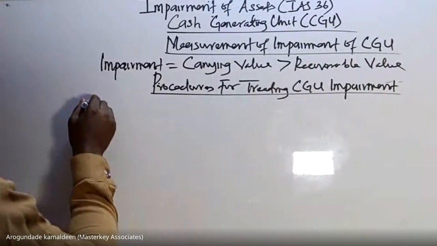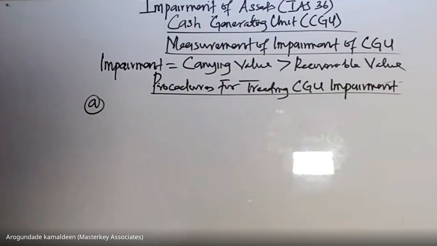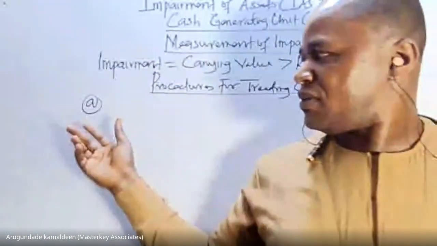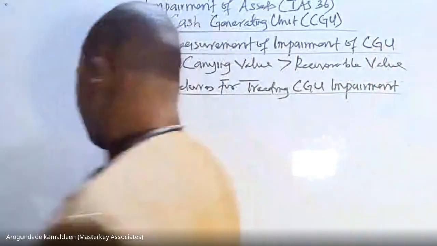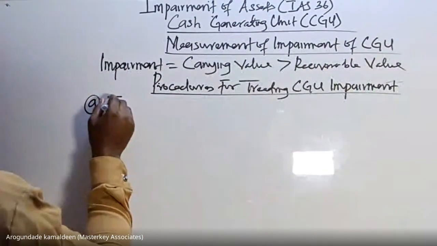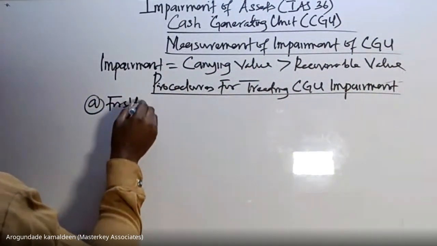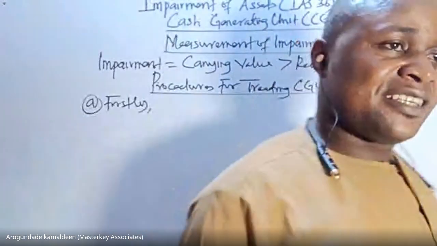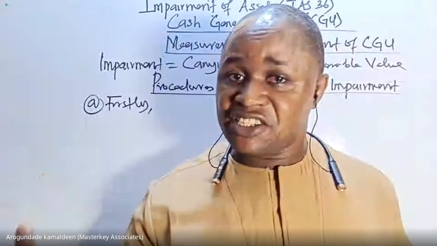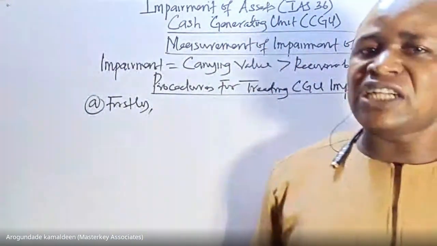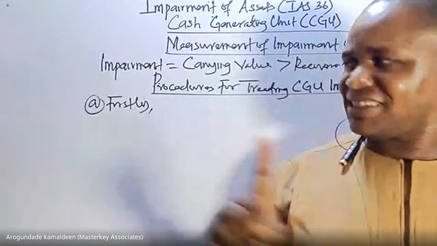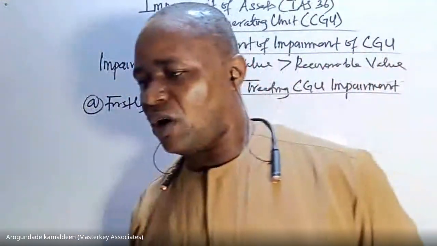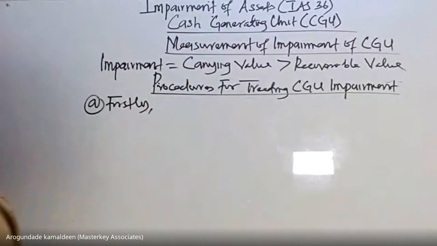The first step: firstly, you allocate the impairment to any damaged or destroyed asset. That is the first thing. You first allocate to any damaged or destroyed asset.